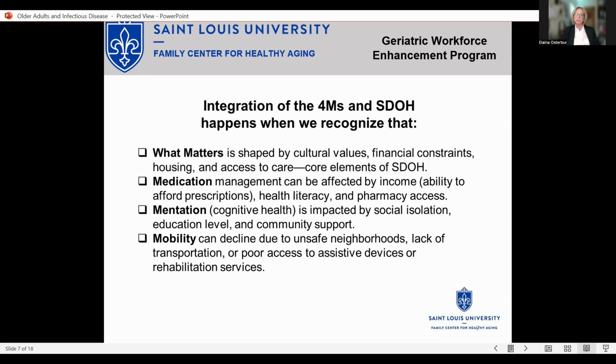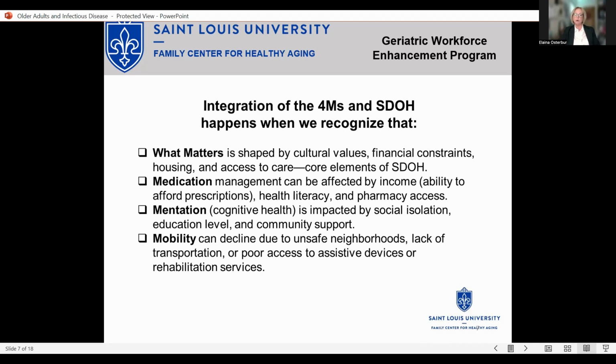Cultural background can shape priorities around autonomy, family involvement in care, end-of-life decisions, and also health beliefs. Limited income may prevent individuals from accessing preferred services such as home care versus institutional care. A person's living situation impacts their ability to age in place, access services, and feel safe and respected.